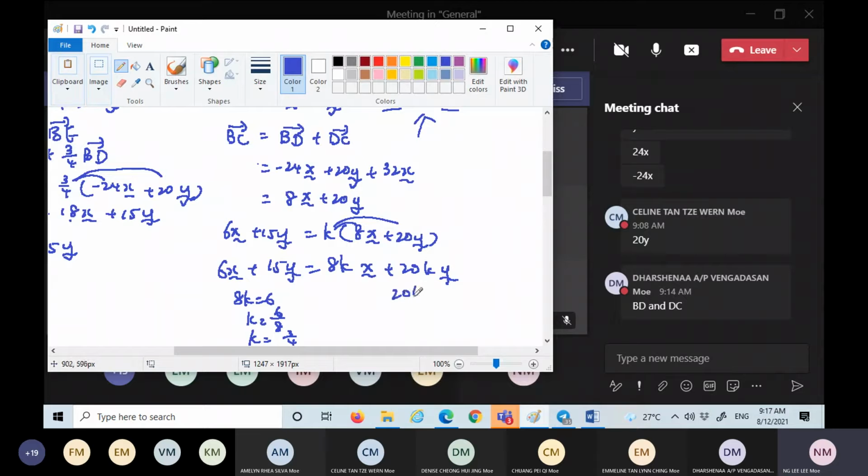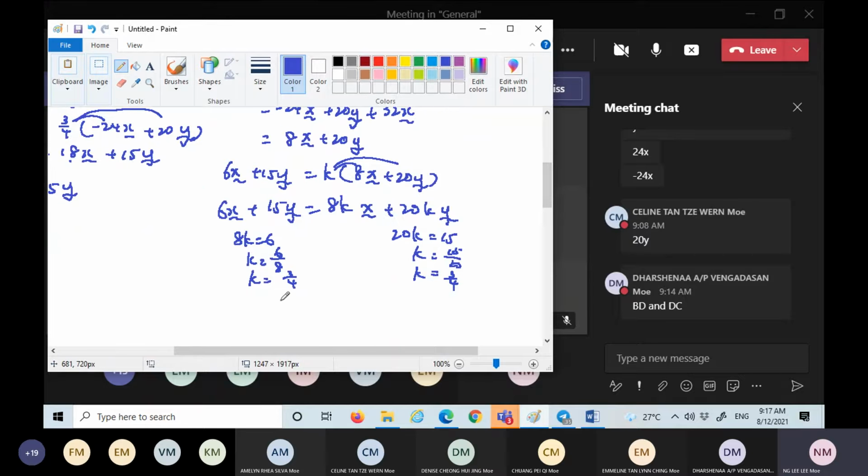The other one, coefficient for y, 15/20, divide by 5 is 3/4. So it's correct. Therefore, you can write the conclusion: AE and BC.